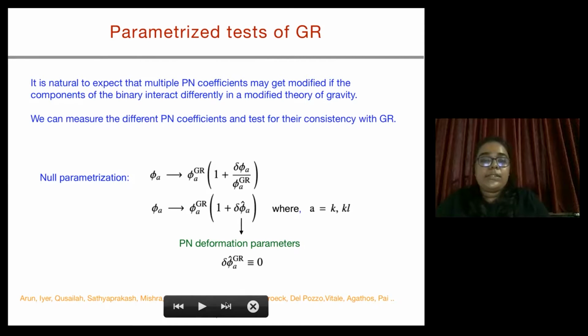For this, we follow a null parameterization, where we add an extra deviation parameter delta phi on top of the PN coefficients in GR. In GR they will take the value of 0, and it can have a non-zero value in any alternate theory of gravity. These are the free parameters which we will try to constrain.